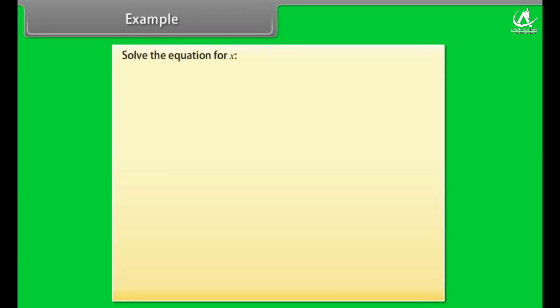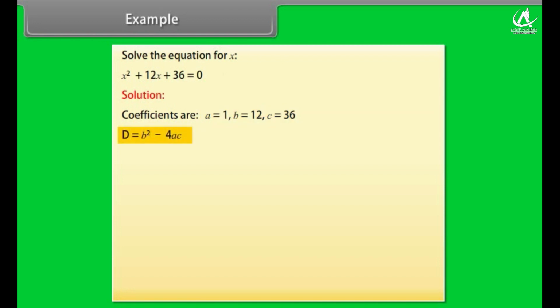Example. Solve the equation for x. X square plus 12x plus 36 is equal to 0. Solution. Coefficients are a is equal to 1, b is equal to 12, c is equal to 36. d is equal to b square minus 4ac. d is equal to 12 square minus 4 into 1 into 36 is equal to 0.